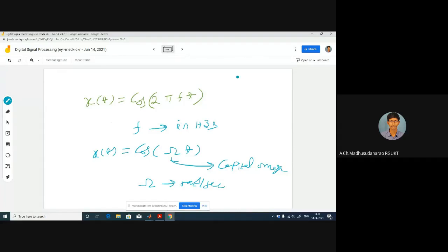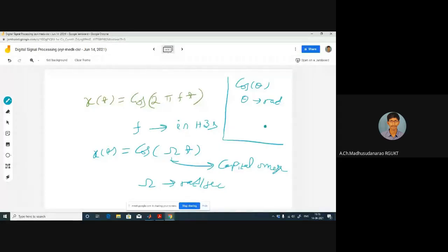If you want a better view, consider cos theta, where theta is in radians. In this case, theta corresponds to omega t, so the units of omega t should be radians. Then the units of omega should be radians per second; the second gets cancelled out.